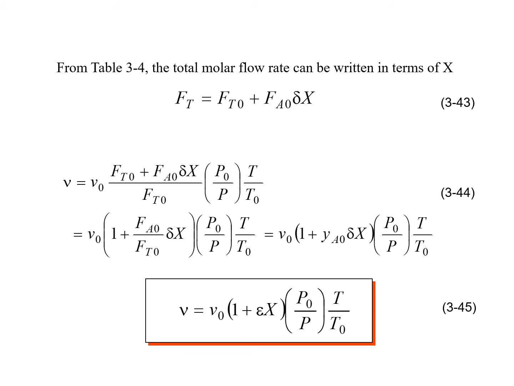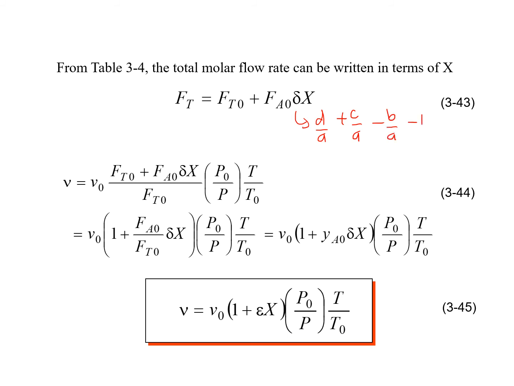So from here we have F_T equal to F_T0 plus F_A0 delta X. You will see it here. Remember what delta is? Delta should be D over A plus C over A minus B over A minus 1.